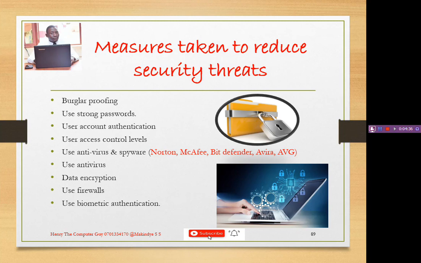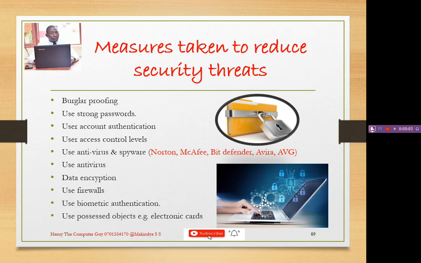Remember, it is always from what we call bio and metric. Bio meaning life and metric meaning measurement. It measures the person's physical characteristics. That means that a person's fingerprint cannot be similar to another person's fingerprint. Even if you're brothers or sisters or twins, it is always different. So you can introduce what we call biometric authentication.